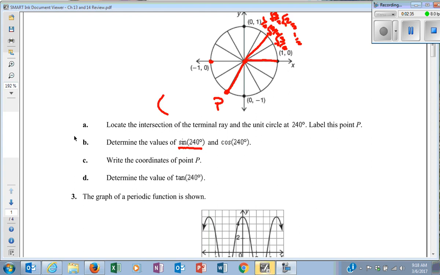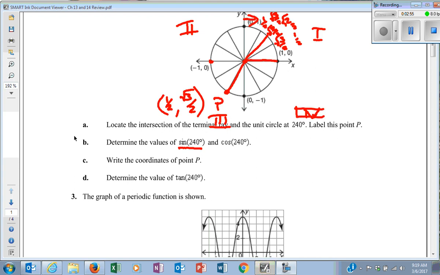And I know this one is just like this guy right here, which is the half first, and the square root of 3 over 2. Now the only difference is I know in this quadrant, what this is called quadrant 1, this is 2, this is 3, and this is 4.